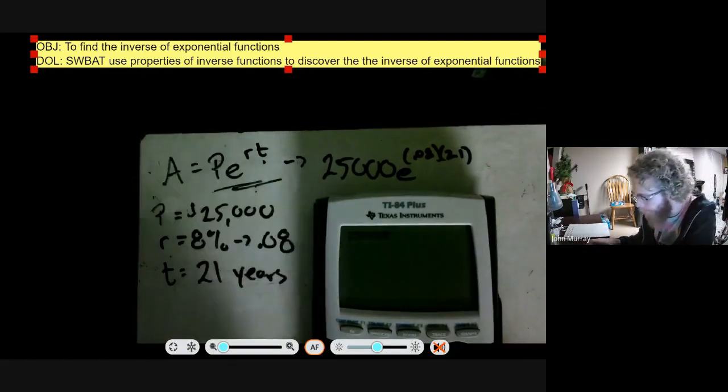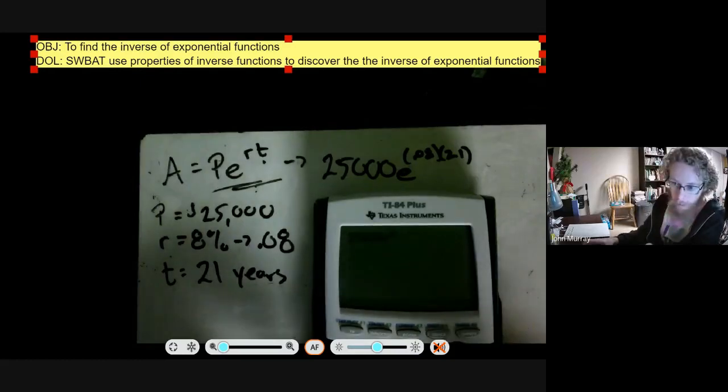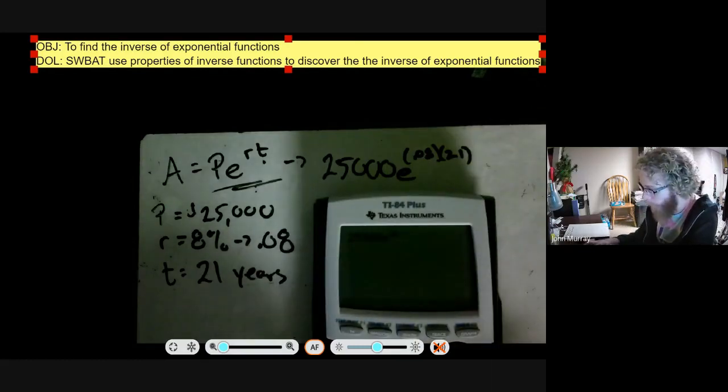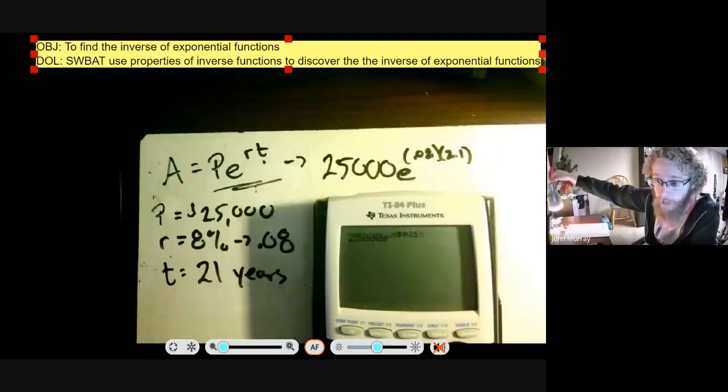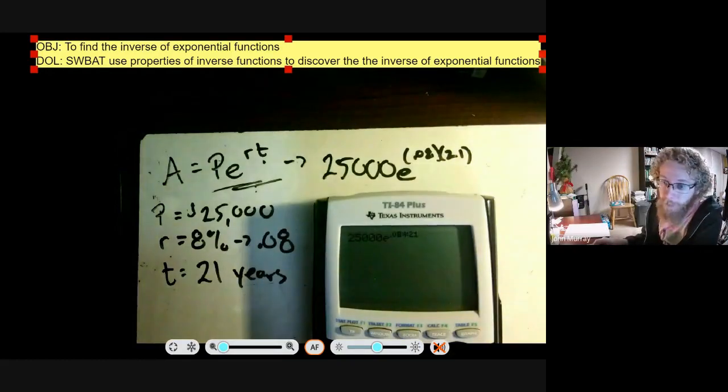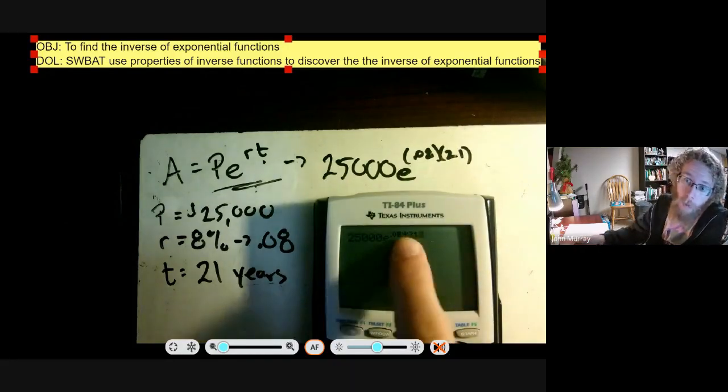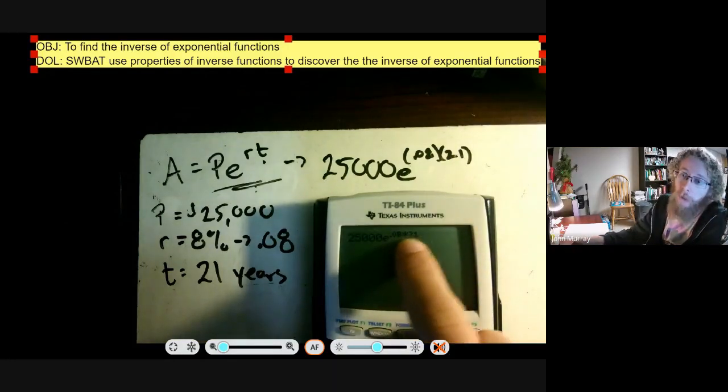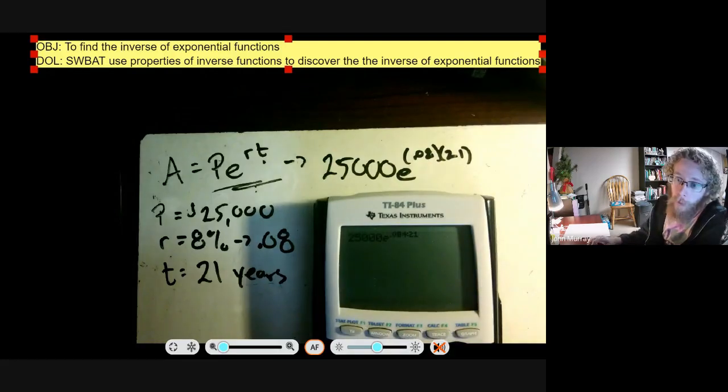So we have 25,000 times e, and then even up here in this exponent, I could just type 0.08 times 21. Let me see if I can. There you go. That's a little better. Again, depending on what you're using, you might have to calculate what is 0.08 times 21. But here everything's where it's supposed to be.